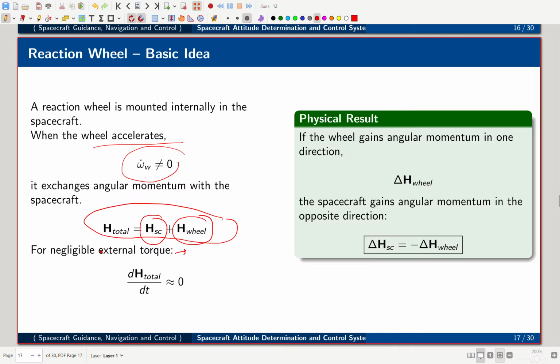For negligible external torque, if there is no external torque, the change will be zero, right? So we have to apply this. If the wheel gains angular momentum in one direction, delta H wheel, the spacecraft gains angular momentum in the opposite direction, right? This is very important, because the sum is zero, so the spacecraft goes in the negative direction.